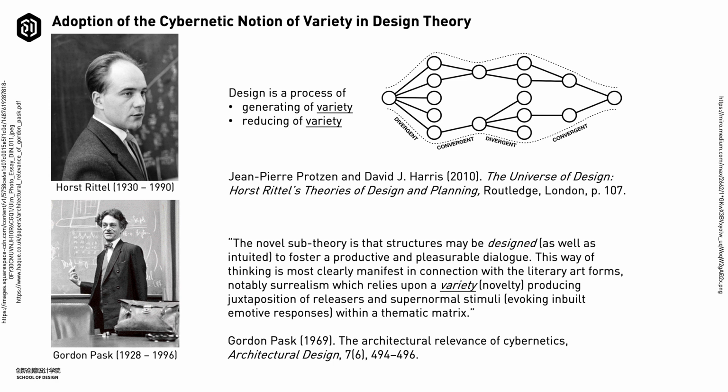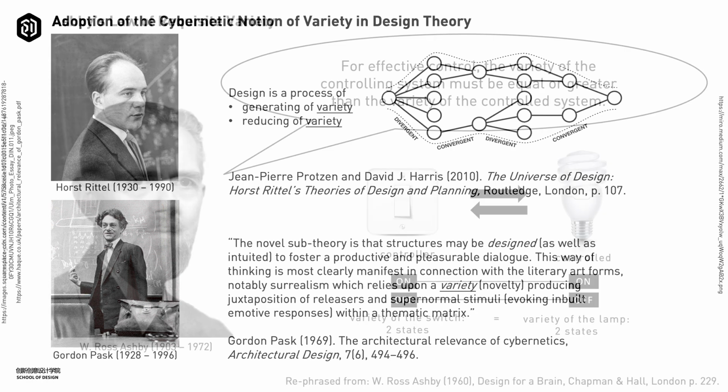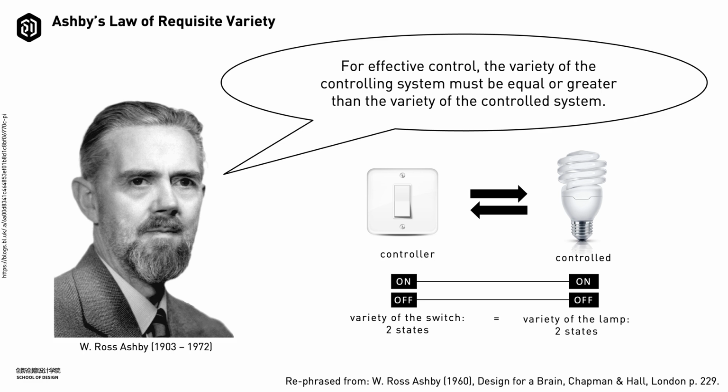So let's get back to Ashby and let's get back to one of the fundamental principles of cybernetics, that is Ashby's law of requisite variety. He says that when we have a control loop, and we have a controller and a control, like a switch and a light bulb, variety in both sides has to be in a particular relationship.